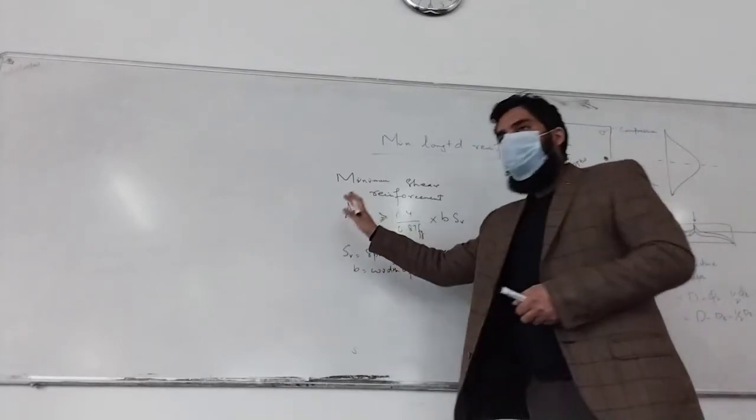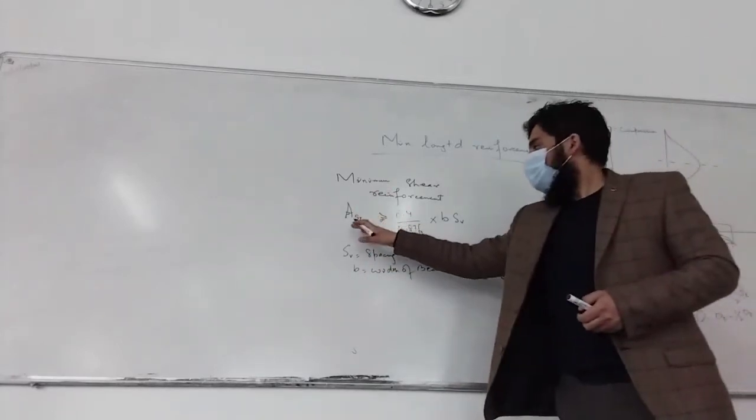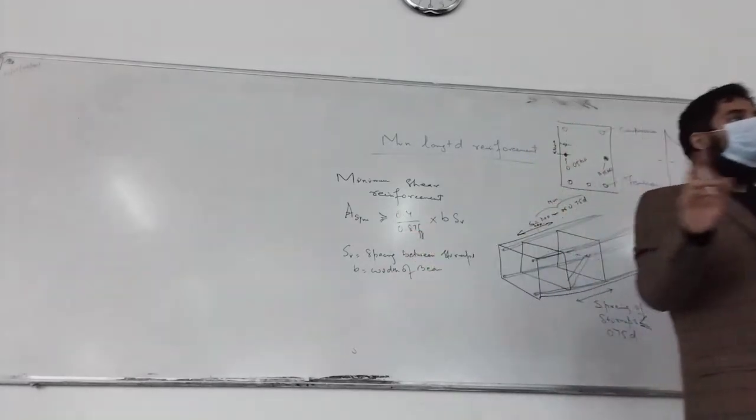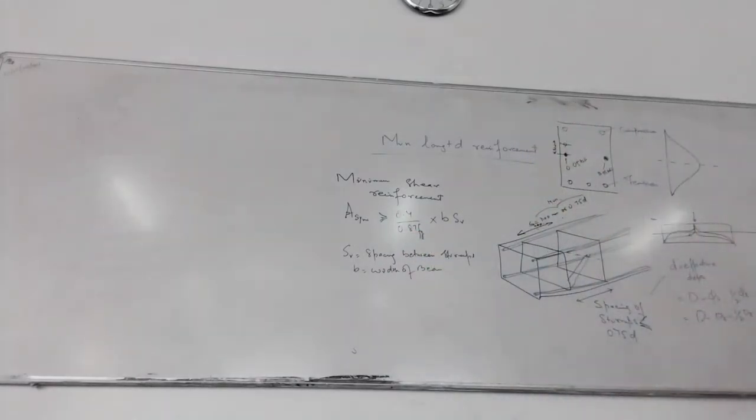Fy you already know, its yield strength. Here it will be the yield strength of the shear reinforcement, not of the longitudinal reinforcement. Fy is the characteristic strength of the stirrup reinforcement in Newton per mm square, which shall not be taken greater than 450 Newton per mm square.